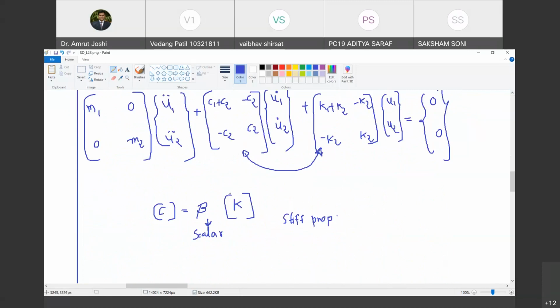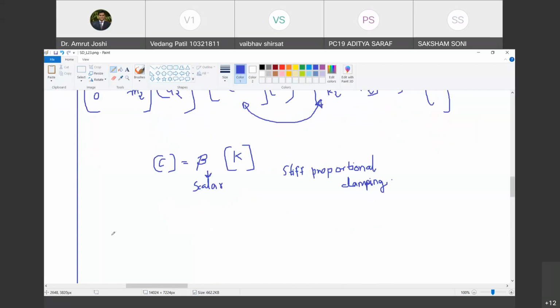It cannot be guaranteed. It can be guaranteed only when C can be represented as beta times K. But at least the nature of the stiffness matrix and damping matrix will be the same. You have to set C1 and C2 in such a fashion that beta times K is equal to C. Then it is stiffness proportional damping. Are you with me?